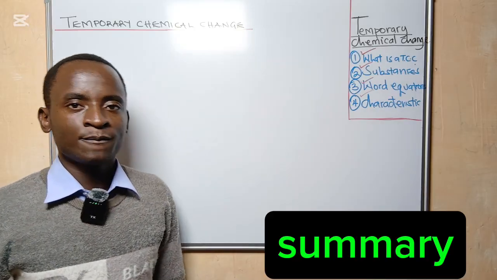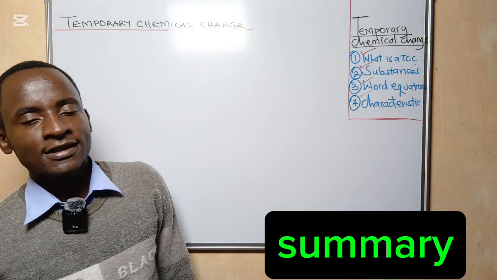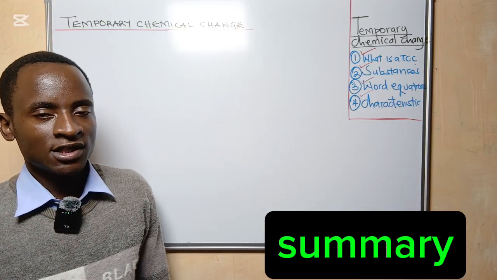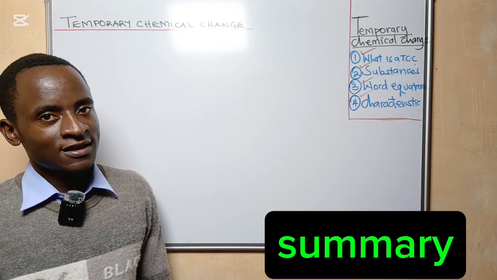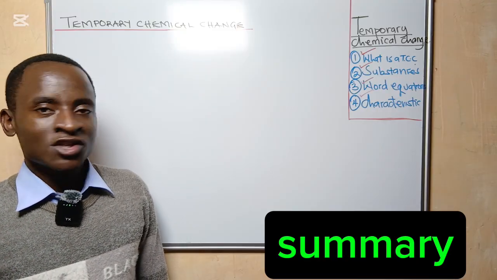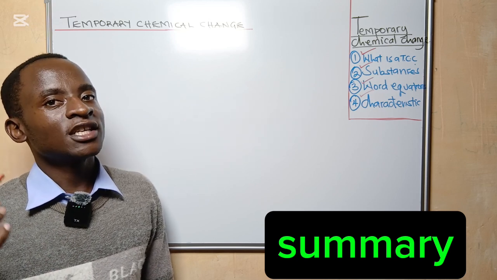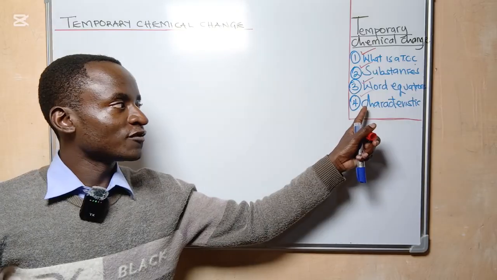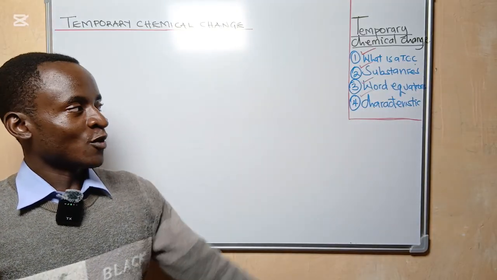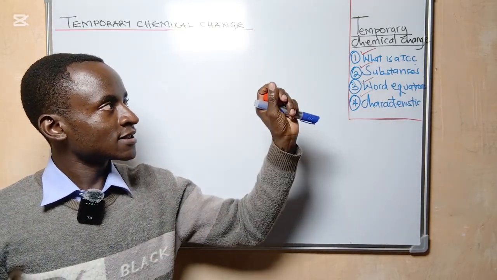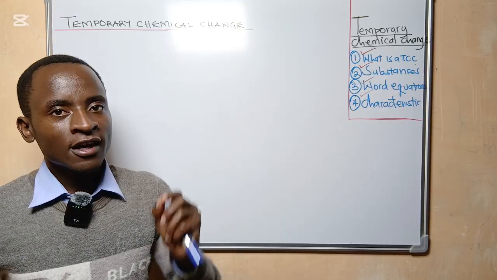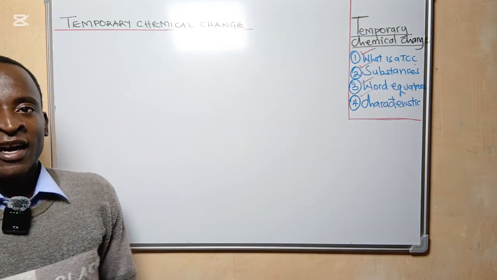Remember yesterday, we looked at the characteristics of a temporary physical change towards the end of that lesson. So today we are going to do something similar. Towards the end of this lesson, we will talk about the characteristics of a temporary chemical change.